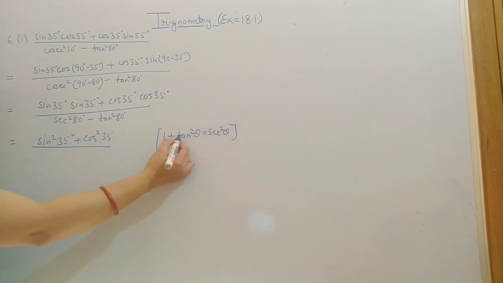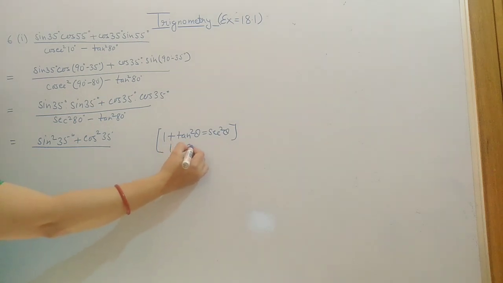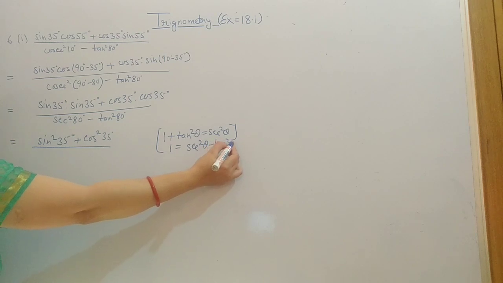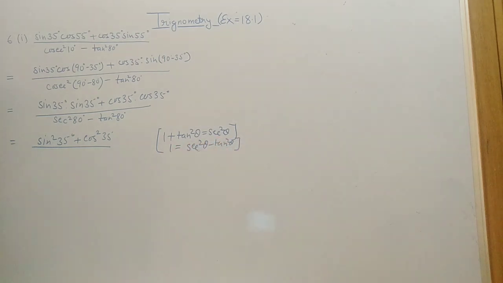So from this identity, if this tan square theta we shift to the other side, we will get 1 is equal to sec square theta minus tan square theta. So this thing we can replace by 1. In place of this we can write here 1. Now numerator by first identity will also become 1. 1 by 1, your answer is 1.